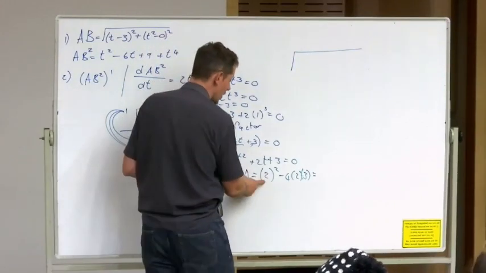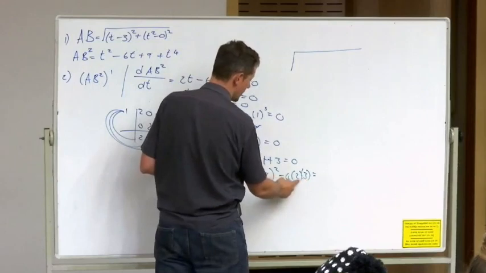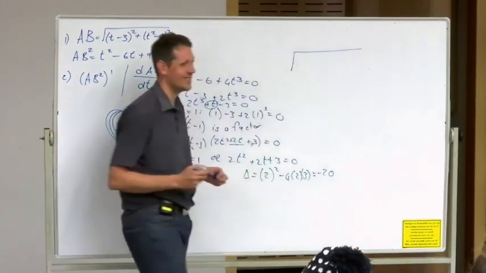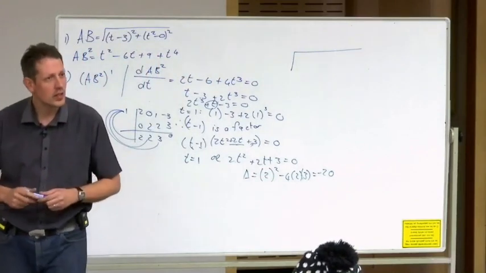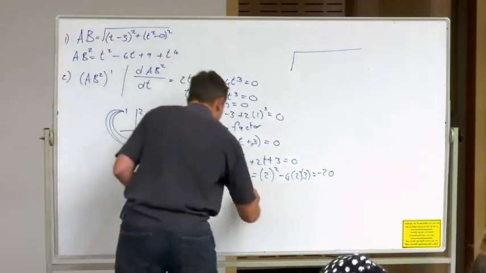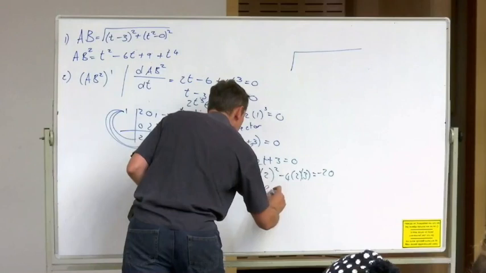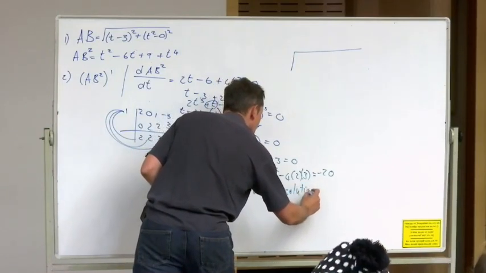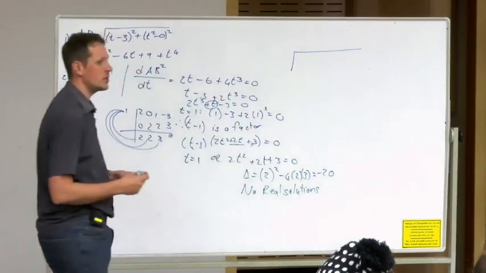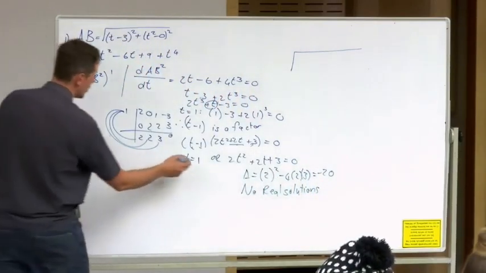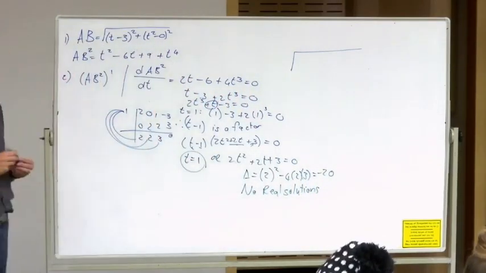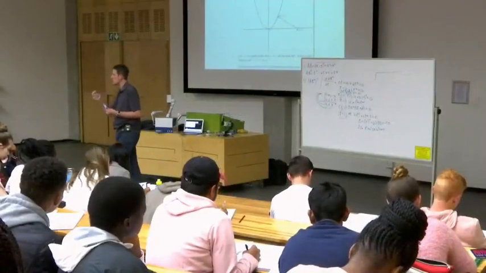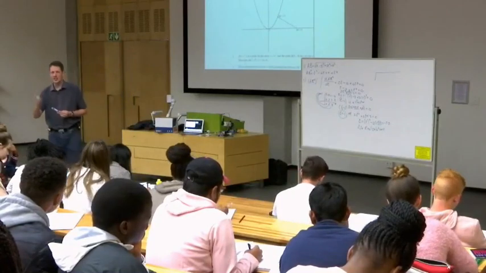So this is going to give me 4 minus 24, negative 20. So I know there are no real solutions. Because there are no real solutions, I know there's only one real value for t that minimizes AB.